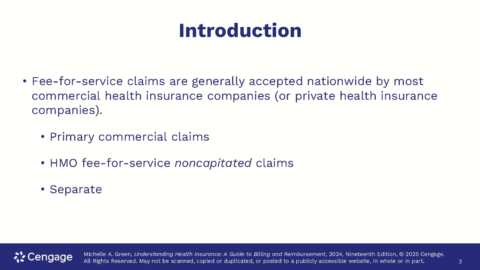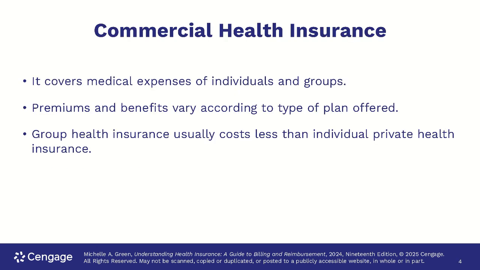HMO is typically operated on what is known as a capitation model, where you're getting paid per member per month. And so, the chapter calls out specifically that these are instructions for HMO fee for service non capitation claims. All right. And in this chapter, they also will cover how you handle situations when the patient has a secondary insurance or some type of supplemental plan.